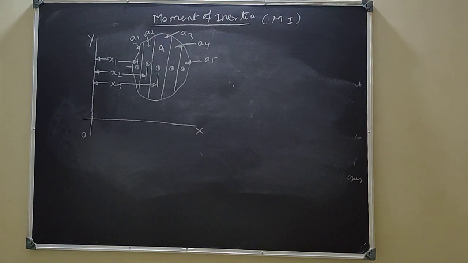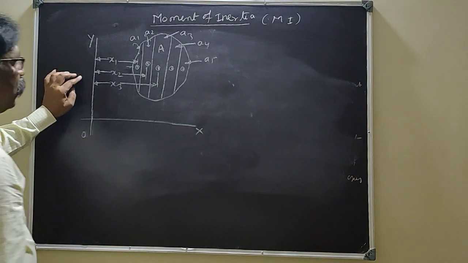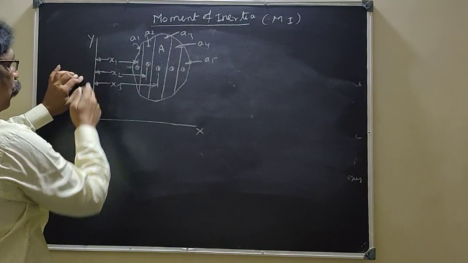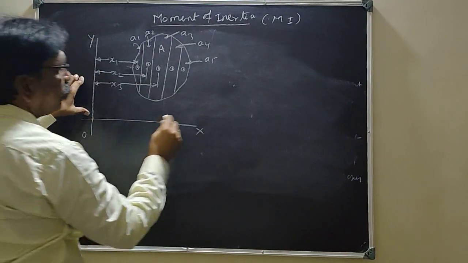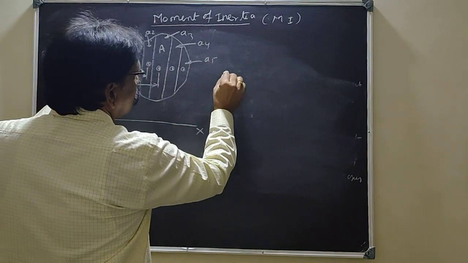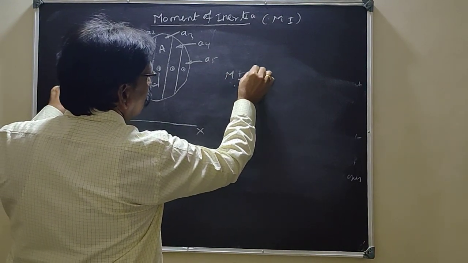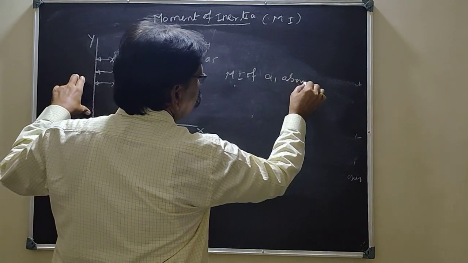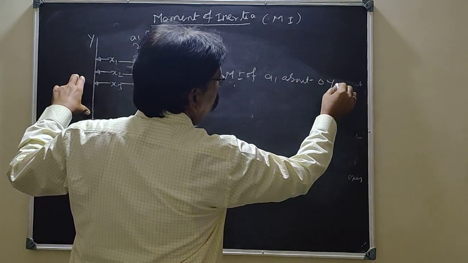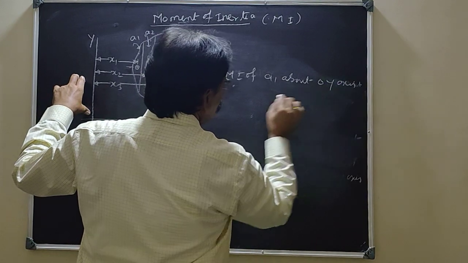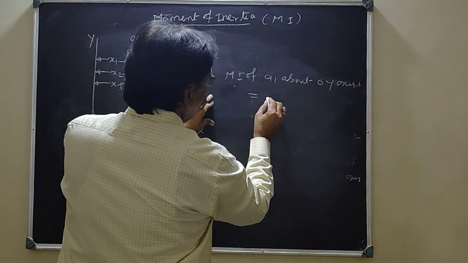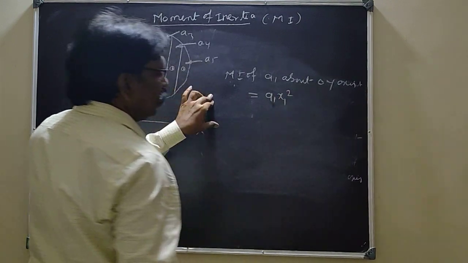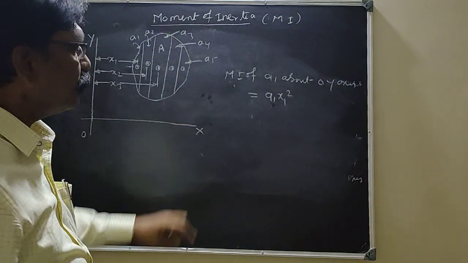Now the moment of inertia of A1 about the OY axis is the area multiplied by the square of the distance, that is A1 x1 square.